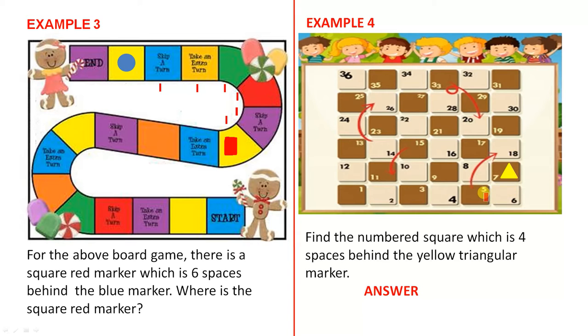Then we go to 5, 4, 3. See that? So we've gone back 4 places, and we can double check that. 1, 2, 3, 4, or we can go 6, 5, 4, 3. So the answer is 3. Okay, so that's the numbered square. When we go back 4 places, that's the square we need there.